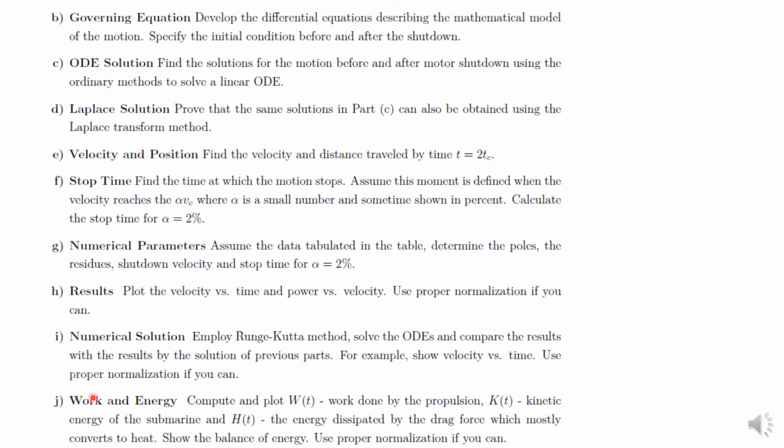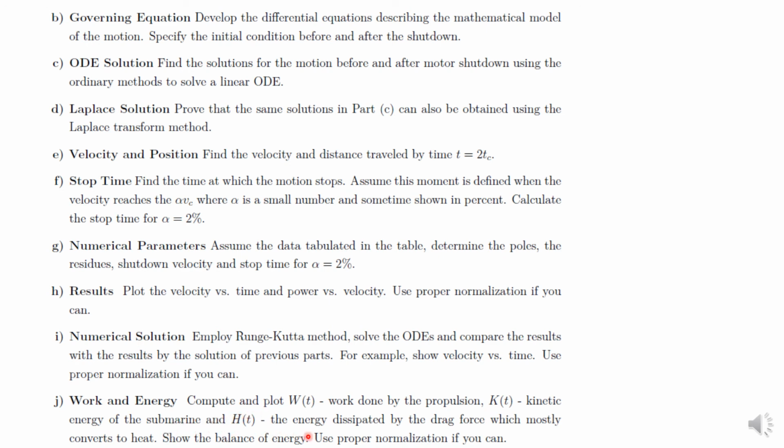And the last part will be you need to draw the work and the energy from initial to the end. You need to draw what is the work done by the propulsion force, and what is the kinetic energy for the submarine, and what is the energy dissipated by the drag force.